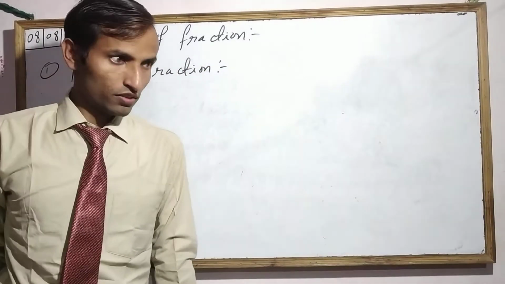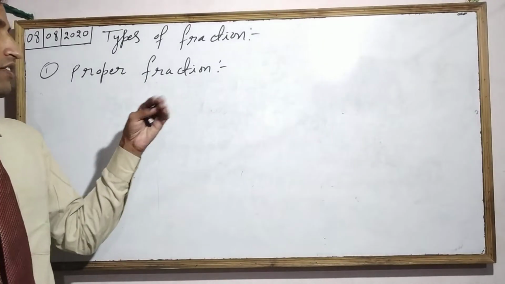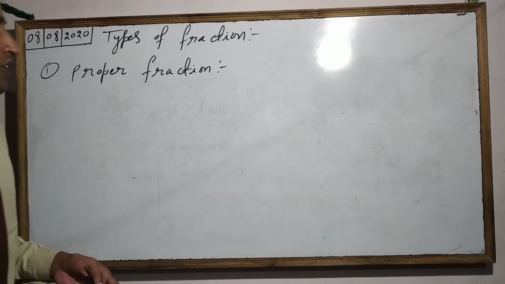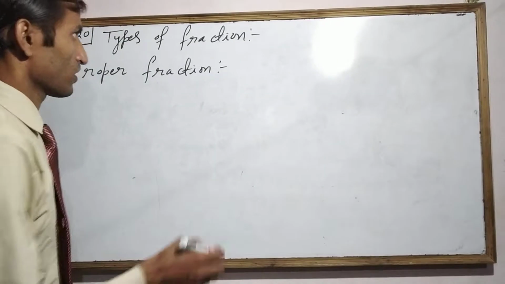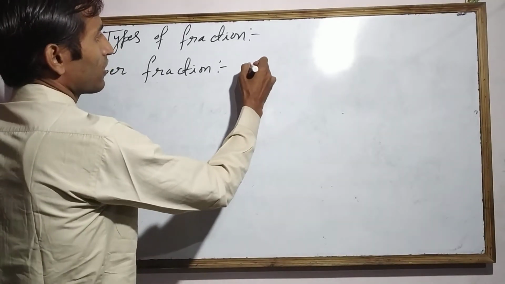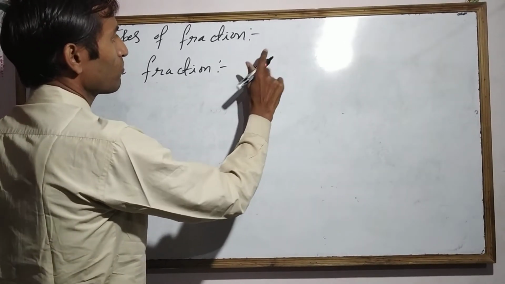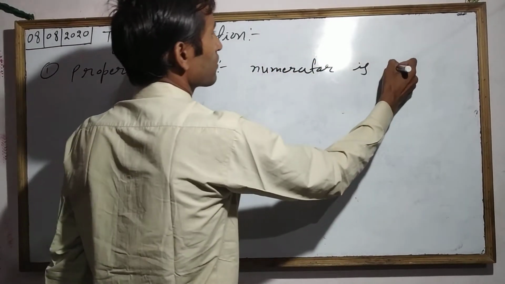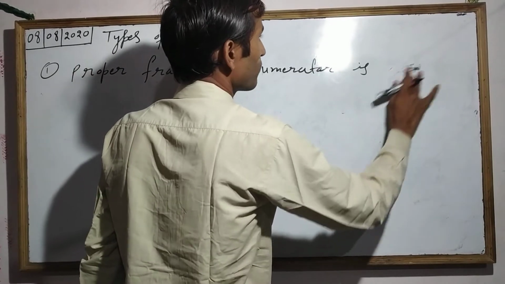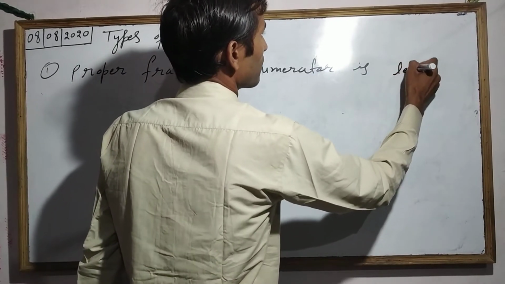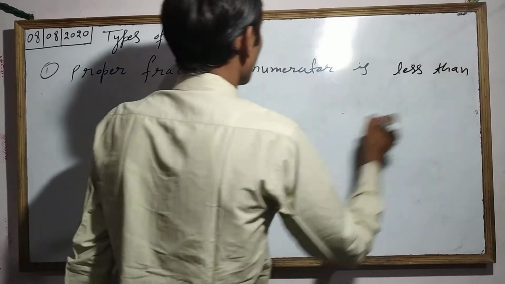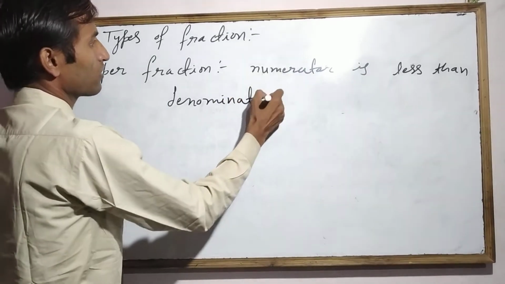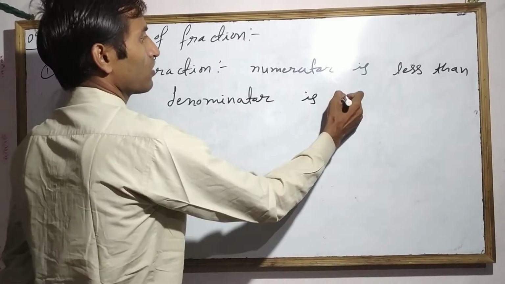Proper fraction means numerator is less than denominator, or you can say denominator is greater than numerator, is called proper fraction. So I will write here: numerator is less than denominator is called proper fraction.